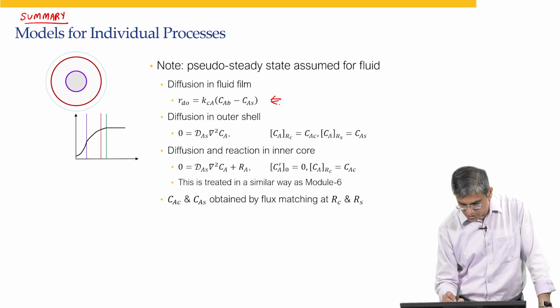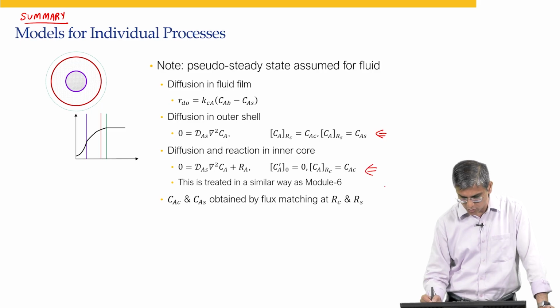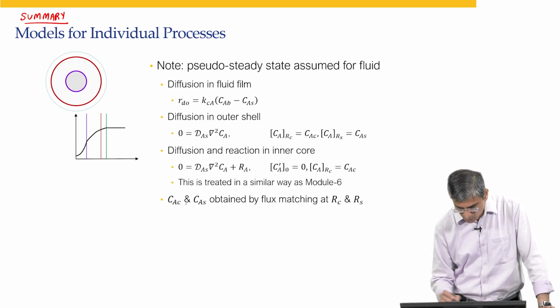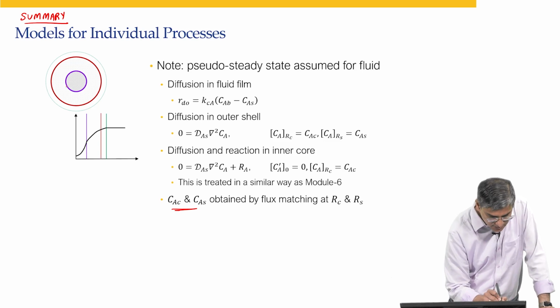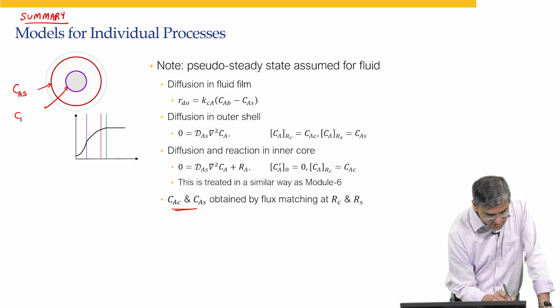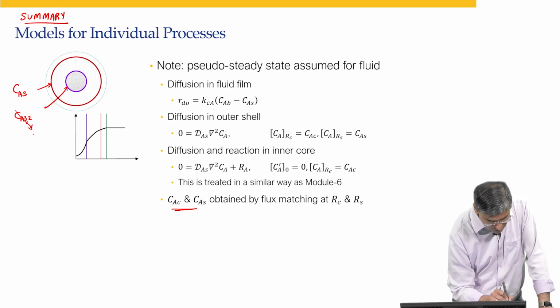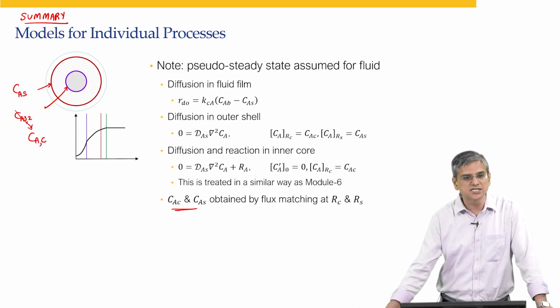Diffusion in the film, diffusion in the outer shell, diffusion in the reacting core. Now, how do you obtain CAC, the CA at this point and CA at this point, what we had called CAS and CAS2, which in the notes I have called CAC? These are still unknowns.